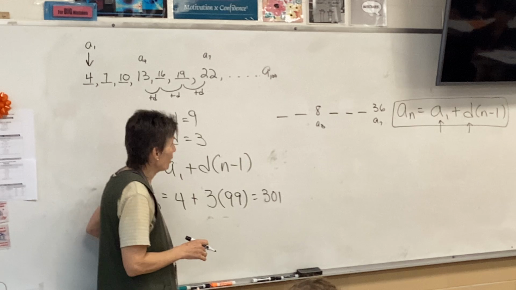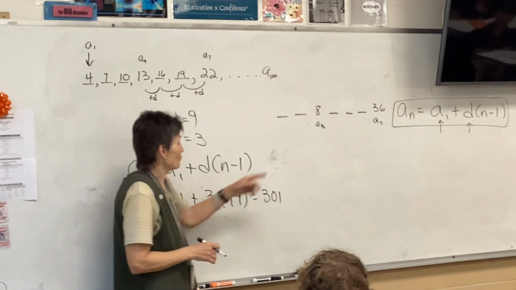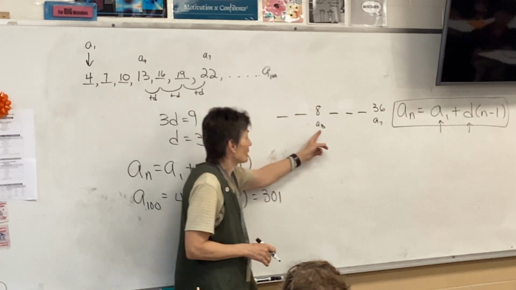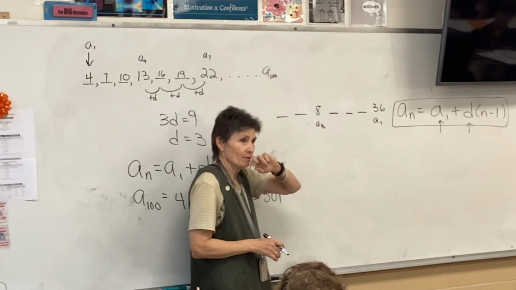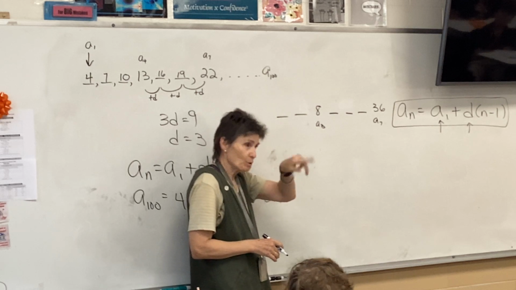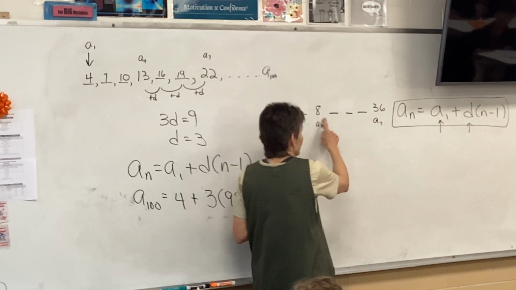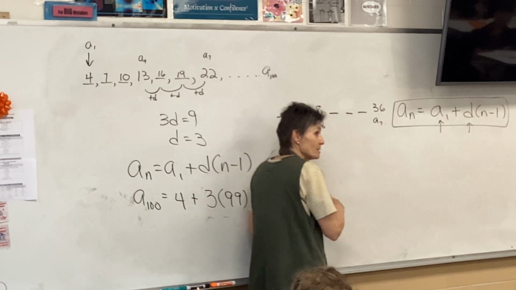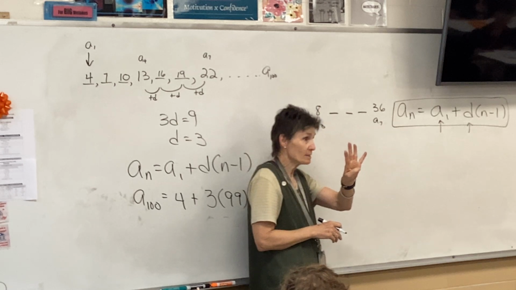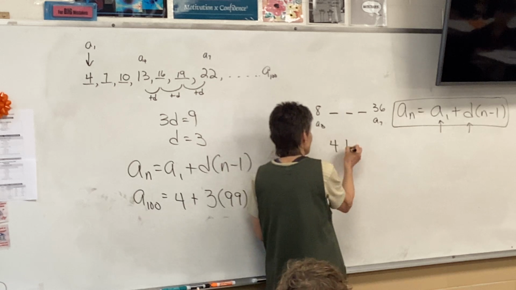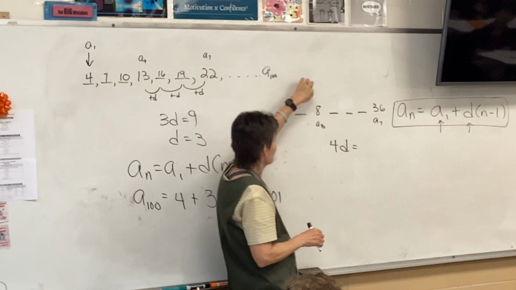All right, let's see if we can process this one. I know the third term is 8, and the 7th term is 36. I know it's arithmetic, so I'm getting from term to term by adding. So how many additions am I gonna make? 1, 2, 3, 4 additions? I'm going from the 3rd to the 7th, 4 additions. So 4 additions have to give me the total distance, which is what?